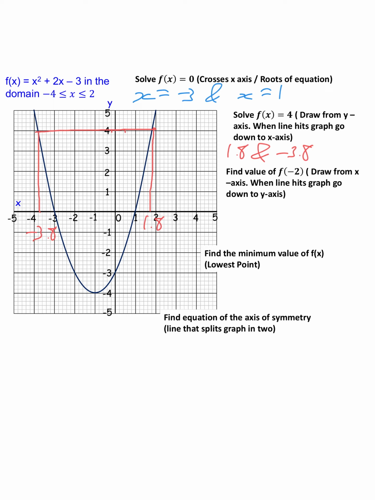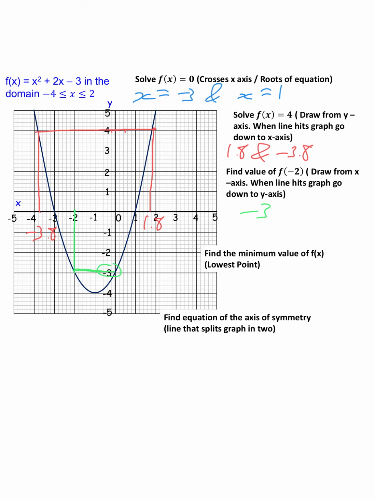So I'm going to go to minus 2 on the x, go straight down. Now as soon as I hit the graph, let's go across. So that would be minus 3. Again, make sure that you are using a ruler when you do this.